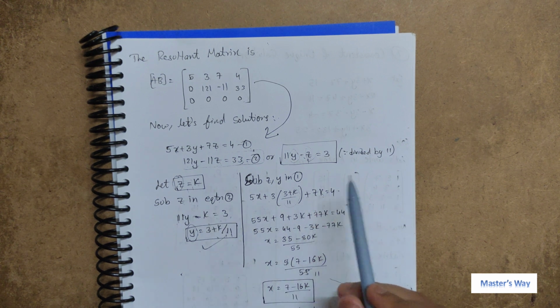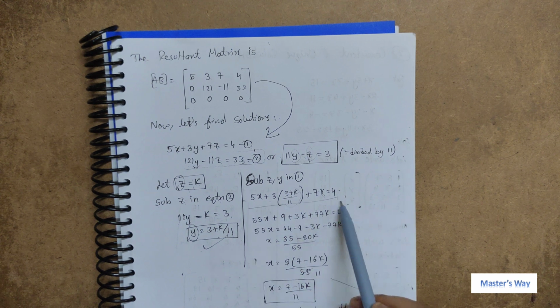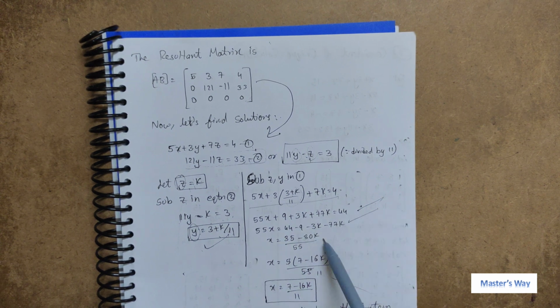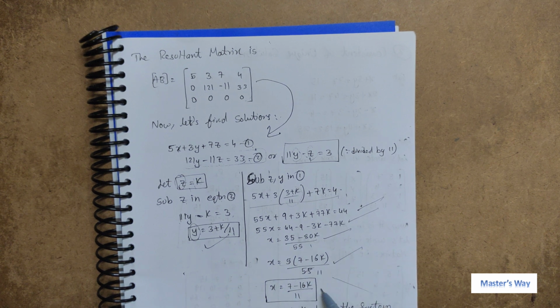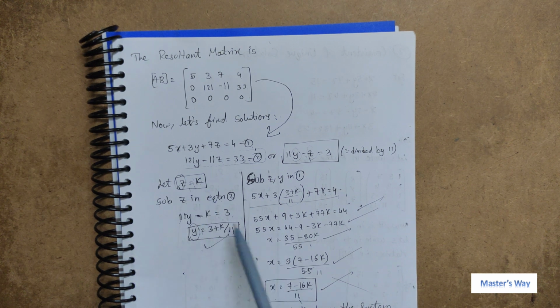This is 7z equal to 4. This is the same equation. Now by solving this, by doing simple calculation we will get the x value, x equal to 7 minus 16k by 11. So this is the x value, this is the y value, and this is the z value. You can observe here k, k, k.